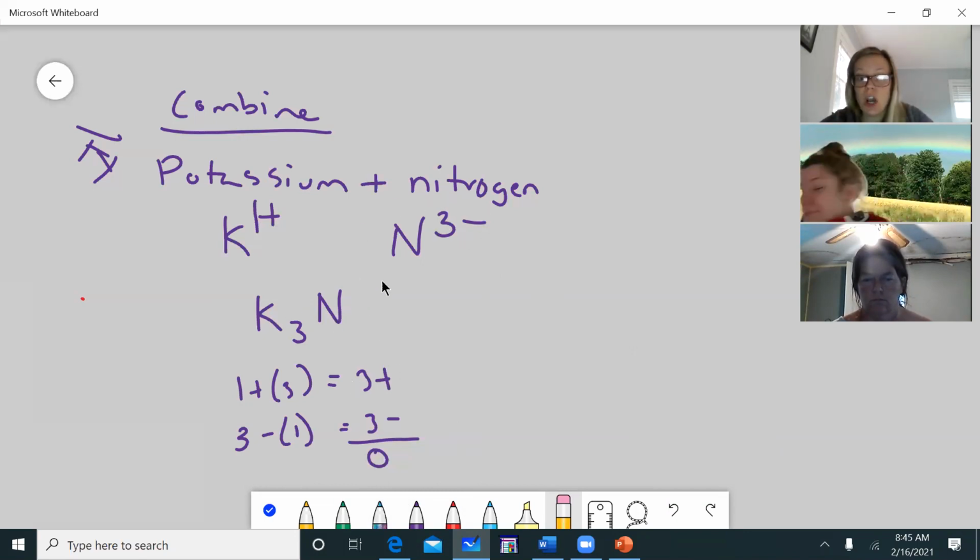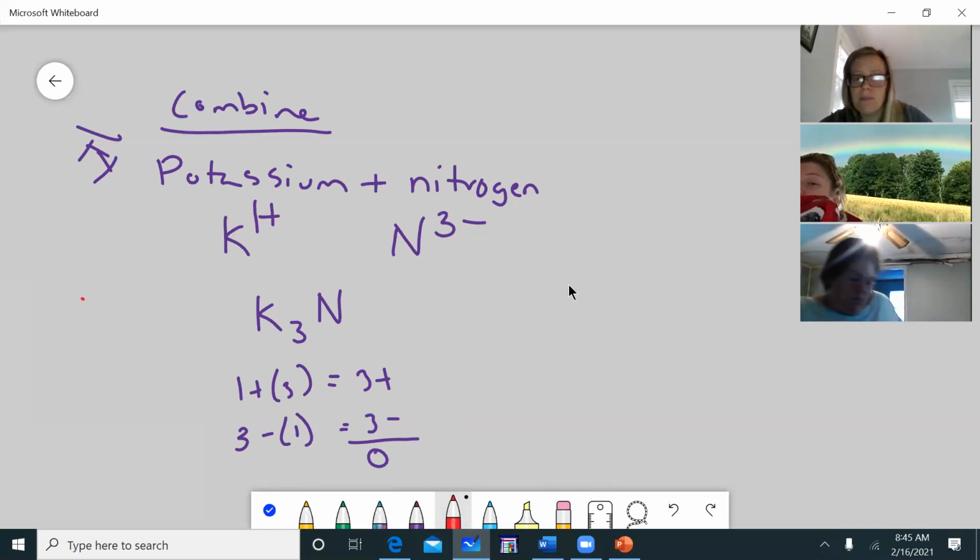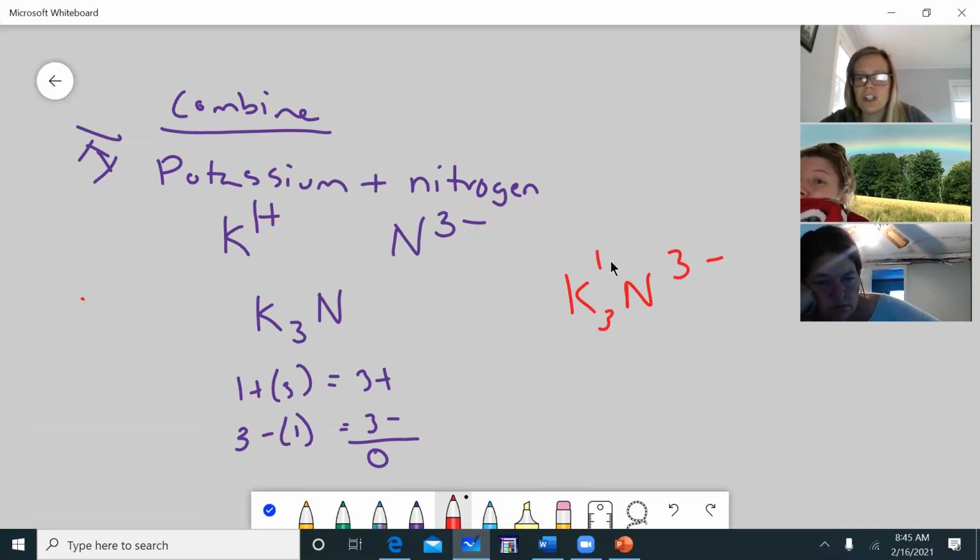So there isn't a charge in this upper right-hand corner. Why has the charge disappeared? Because the metals are balancing the non-metals. What I see happen sometimes is students they'll do the right thing, they'll flip-flop. So they'll get K3N, and then they'll want to put that 3 minus charge in the upper right-hand corner. Or they'll put the charges in the corner and it'll be like something like this. No, these go away when they've bonded together, no charges, okay?